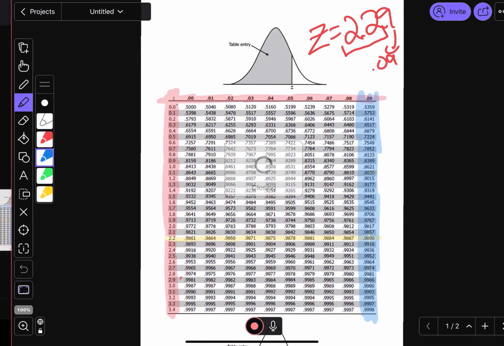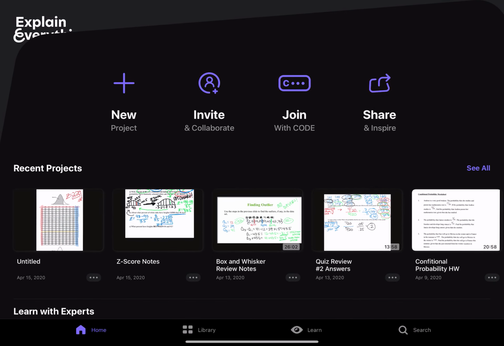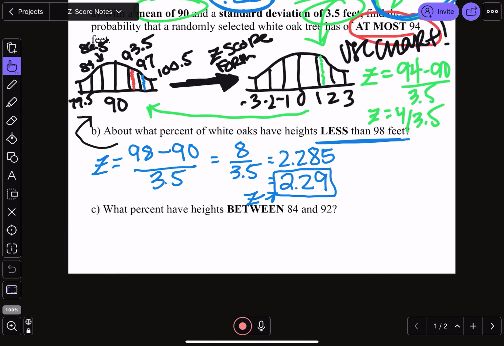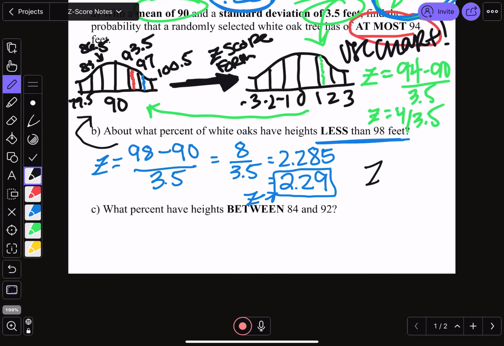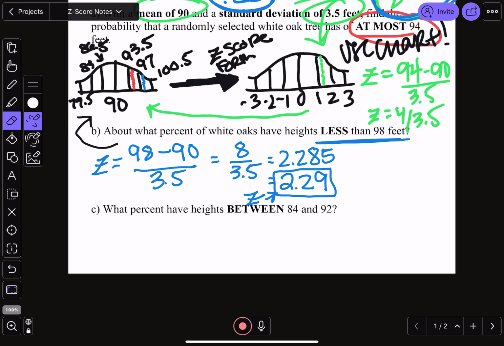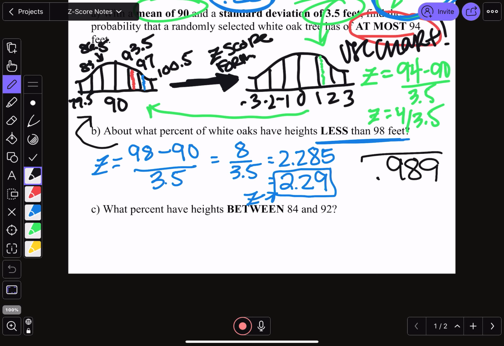So you'll go back to your problem. And your answer is, oops, not your Z. So your answer is 0.989. Remember, your probability has to be between 0 and 1, okay?